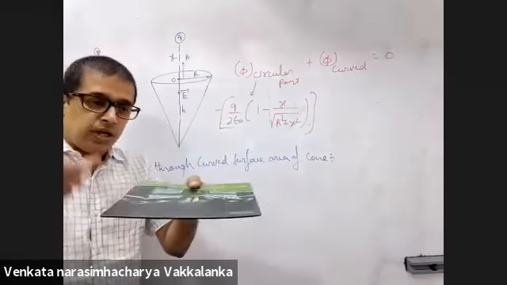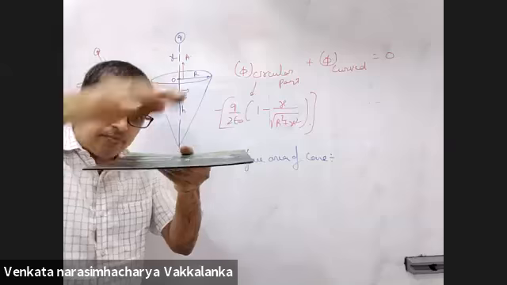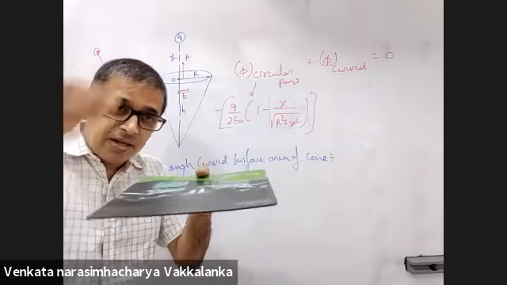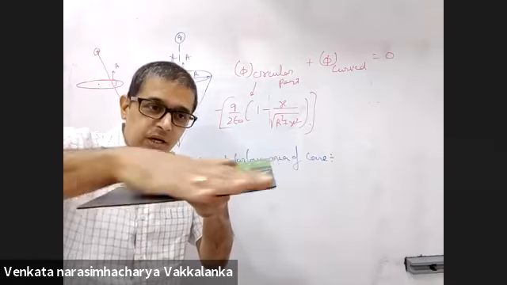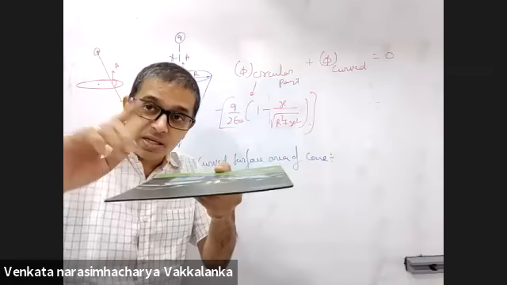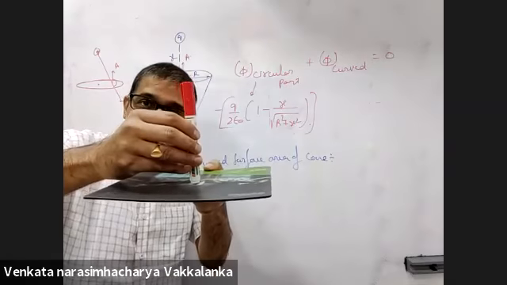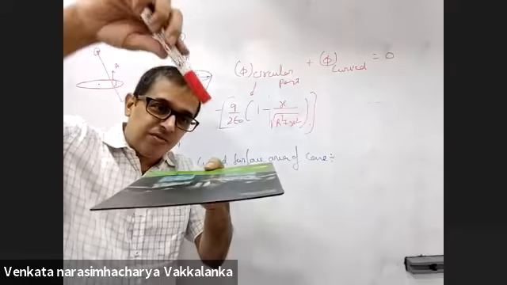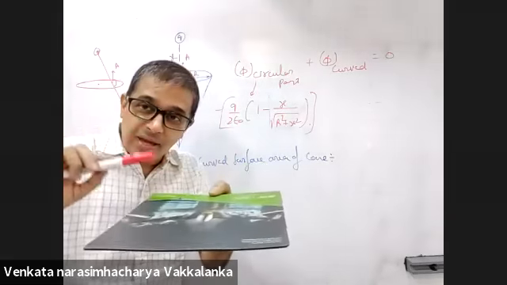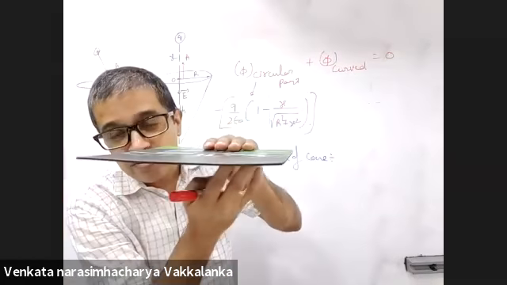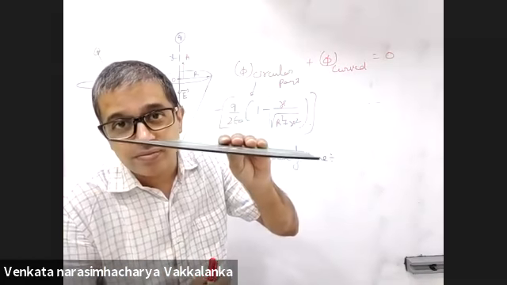Look carefully, if there is a charge q here, through this face, flux will be negative. Right? This is area. Field lines will be this way. Angle between E and A will be greater than 90. Through the lower face, flux will be positive.